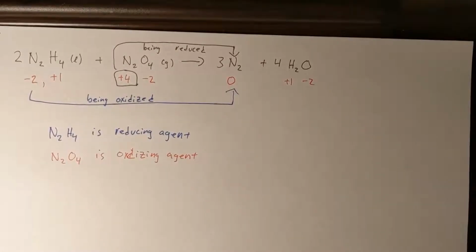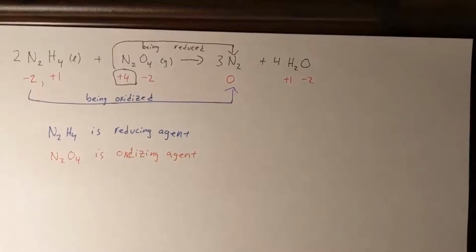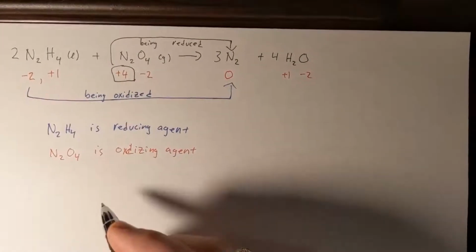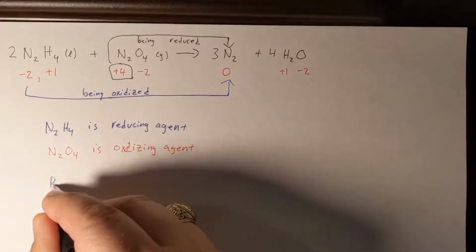So there are two things to remember about assigning oxidizing and reducing agents that are very important. The first is that both agents always have to be a reactant. And both agents are the entire chemical, not just the atom involved.